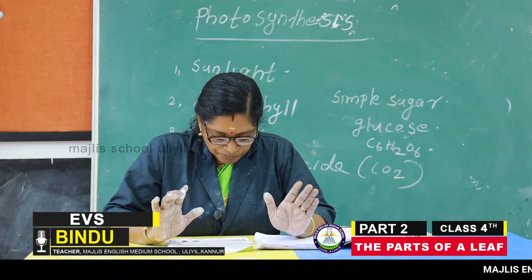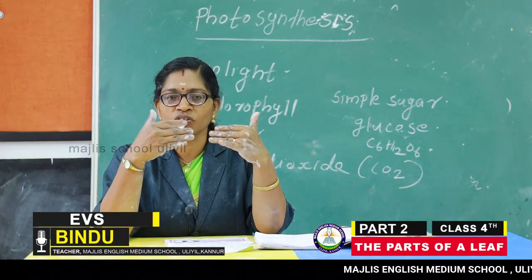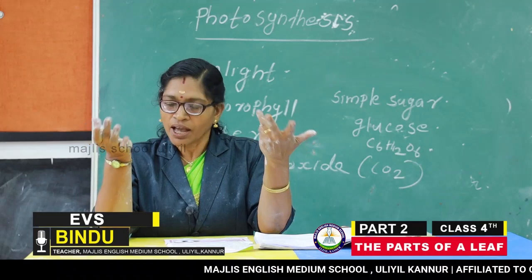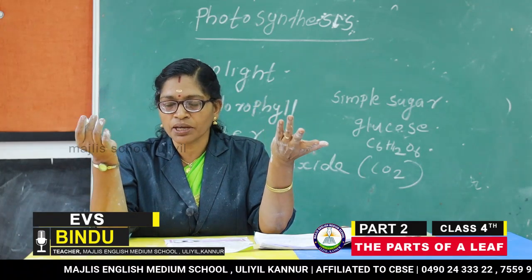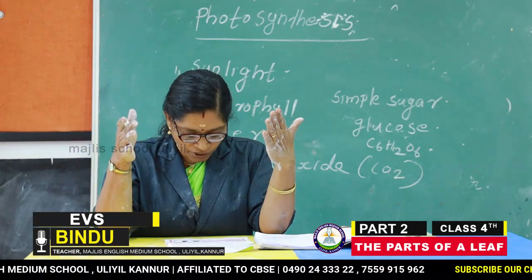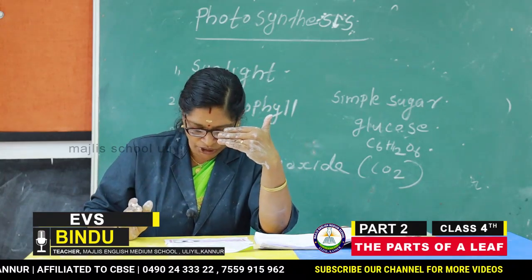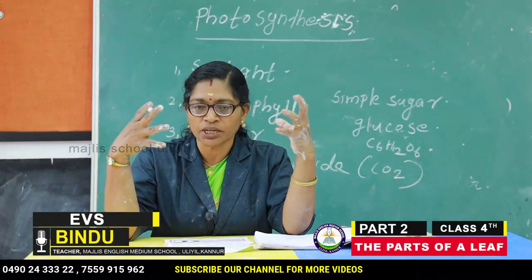Okay. Then, how do plants use these foods? You eat food every day, and for our growth and to repair damaged cells we use our food. Likewise, how do plants use their food? First one, they burn it to produce energy.